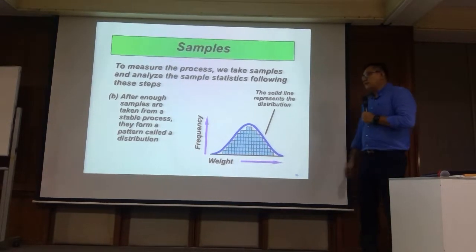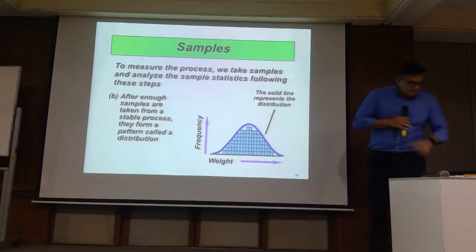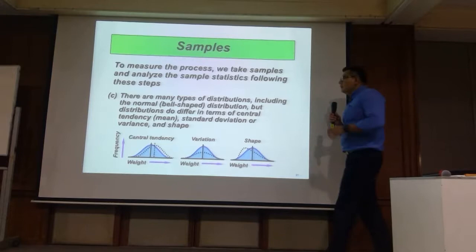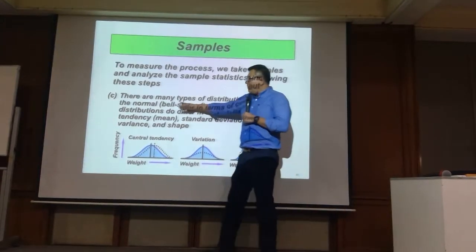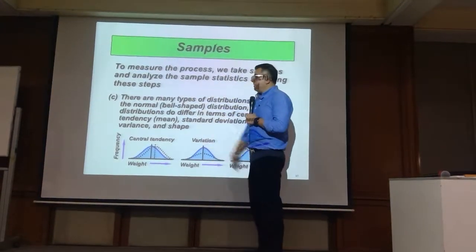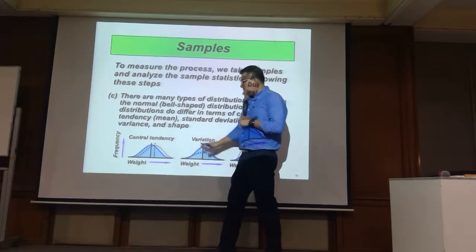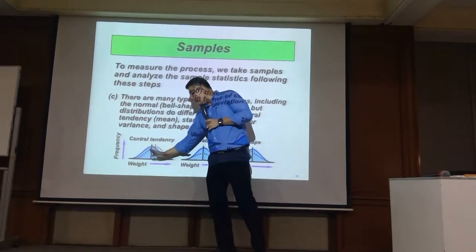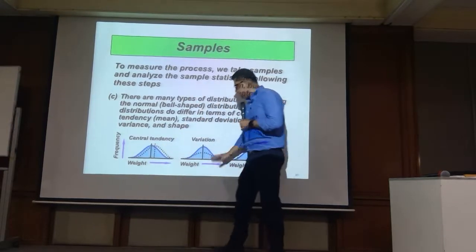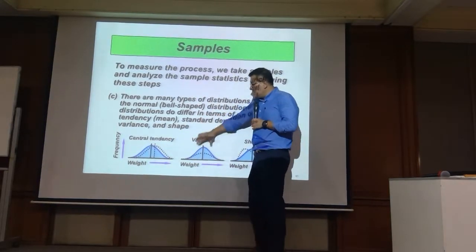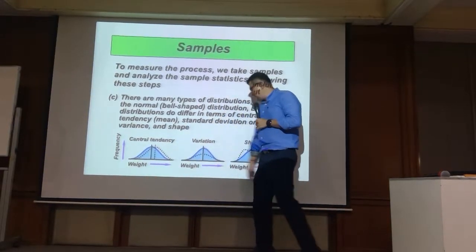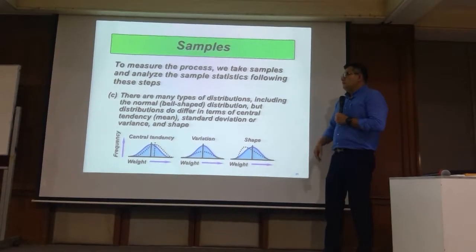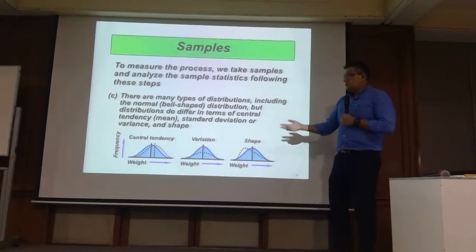The bell shape, or the normal, is what we want. But actually, maybe it's not. Maybe it's shifted from the center. Maybe there's more variation or less variation, or it goes to the left side or right side shape, whatsoever, as I mentioned.